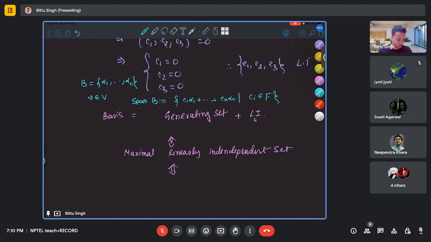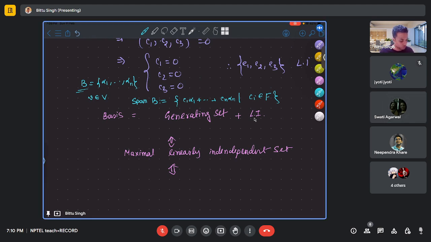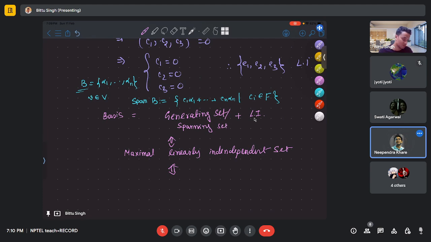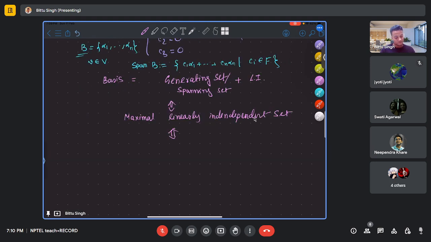A generating set, or equivalently we call it a spanning set. These are all equivalent notations, and this is equivalent to saying maximal linearly independent set, and the dual of this statement, that is a minimal generating set, the smallest generating set.